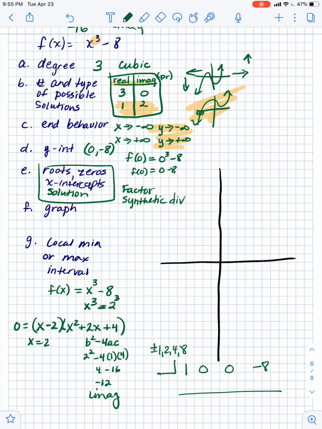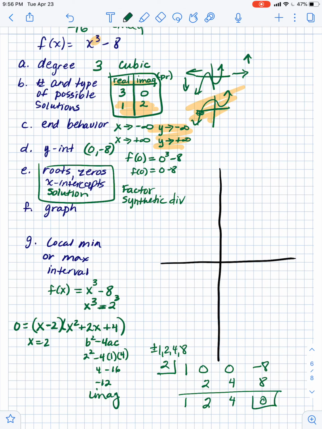I'm going to go ahead, since we know 2 works, just show you. So multiply, add, multiply, add, multiply, add. Okay? So maybe you like that better. I don't really care which way you do it, as long as you get it done.